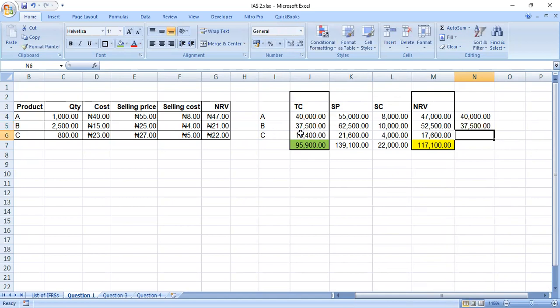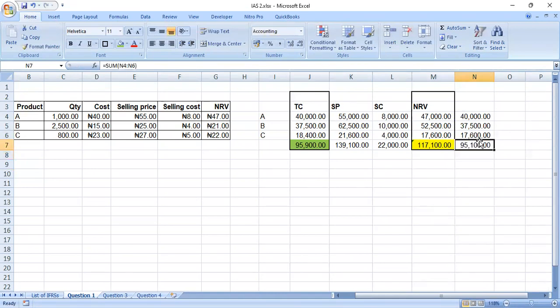Then for product C, I have the net realizable value to be 17,600 and the total cost to be 18,400. So which one is lower? The net realizable value is lower, so I'm going to pick the net realizable value. Now I'm going to sum this.